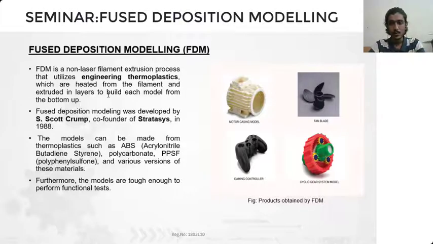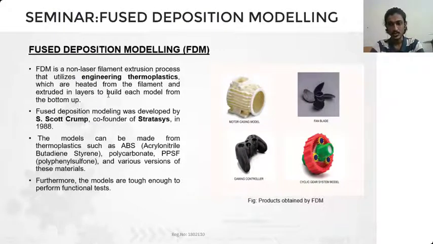And major applications, such as it can be used to form a prototype model shown over here, such as the motor casing model, a fan blade model. Then we are taking a view at a gaming controller, which can actually be used as a finished product.